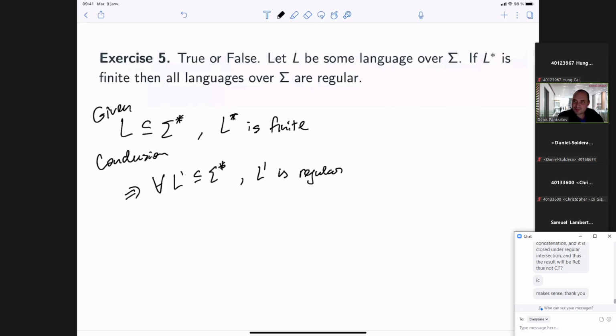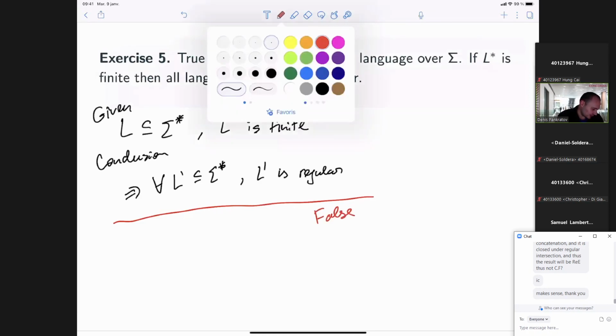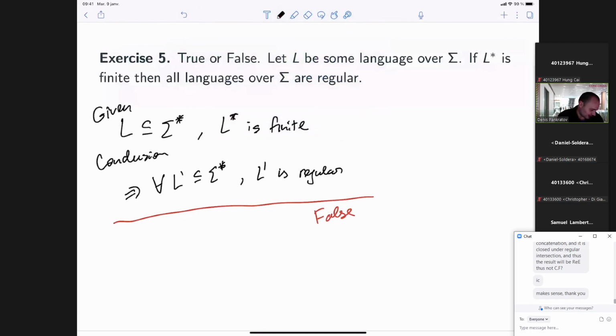One way to see that this is false, so this will end up being false, is to consider those corner cases that I was speaking about. So for instance, if you take L to be equal to the language containing lambda, then L star, well, this language is a subset for any alphabet.